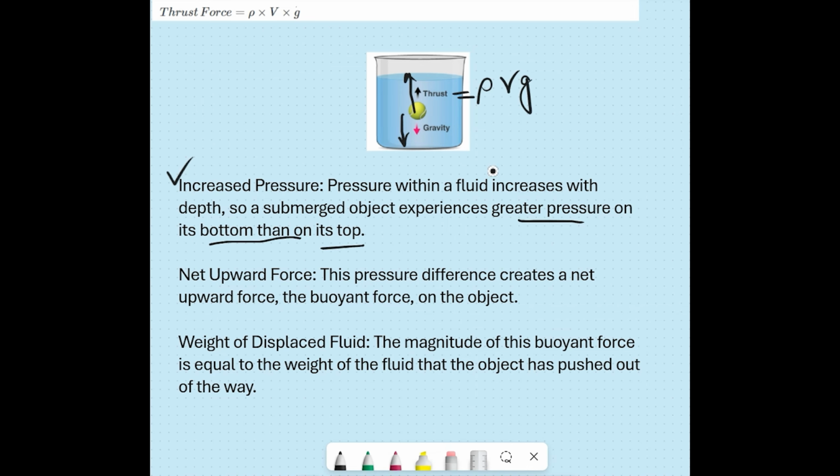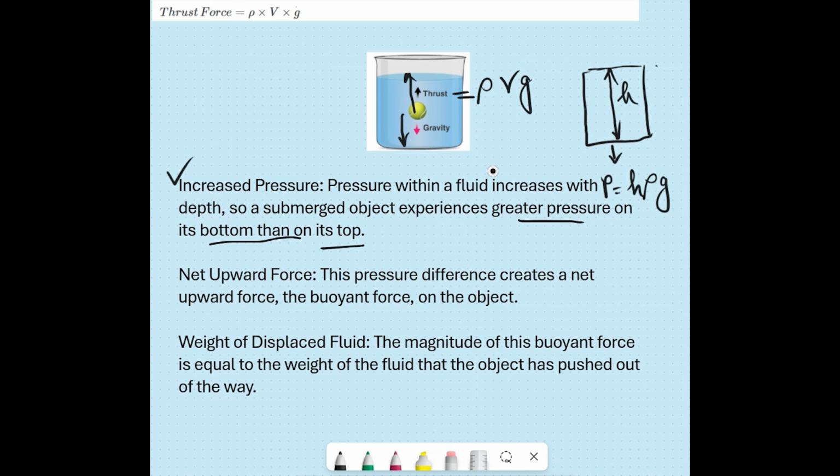It means this is the container, right? And obviously this is the height from top to bottom. So at the bottom the pressure will be more. It means that the pressure is equal to H rho G.